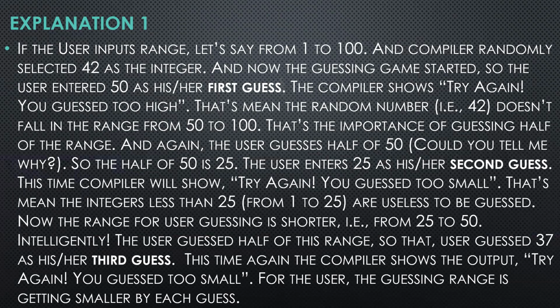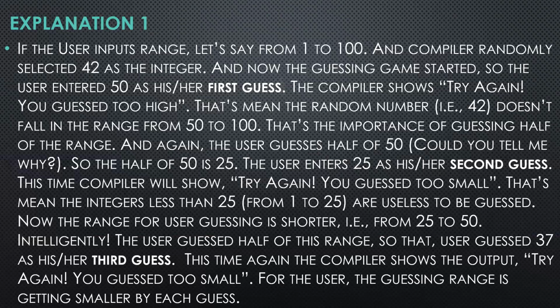So considering 50 to 100 is useless, and giving a next guess of a number more than 50 is useless. The person playing the game got to know that the number is less than 50.